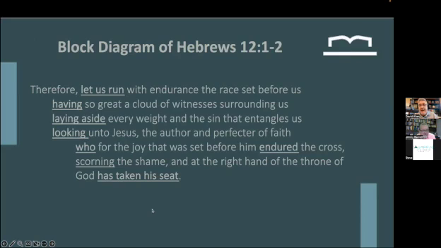So this step of block diagramming will help you to preach the text correctly according to its structure, not superimposing an outline that doesn't match with the text.